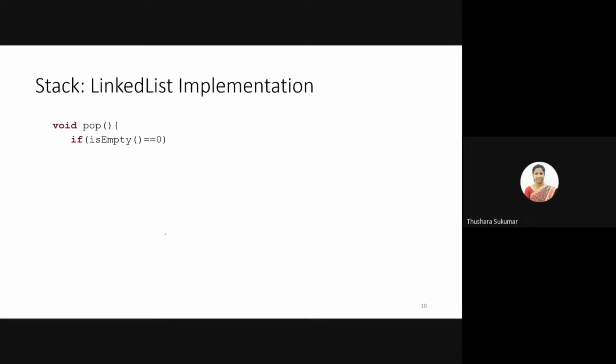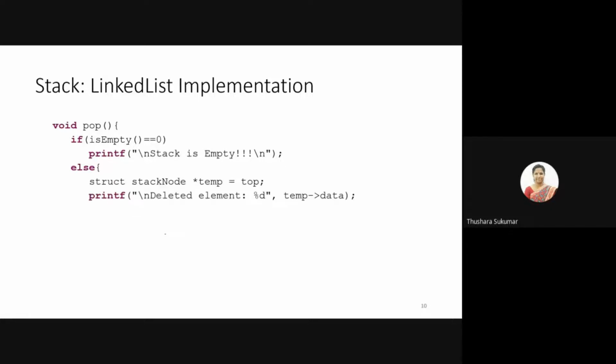Now let's see the pop operation. We want to check whether the stack is empty. If the stack is empty, then we can display a message. Otherwise we will be doing the pop for the topmost element of the stack. So this is a stack. I'm having 8 here, that is null, the first element.